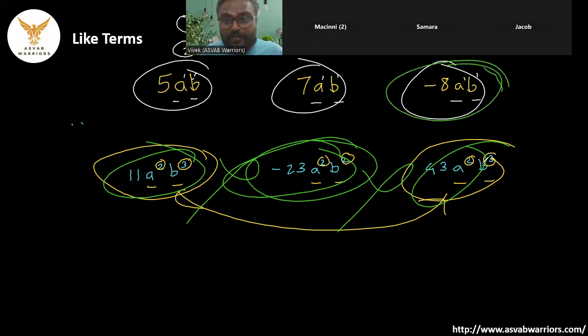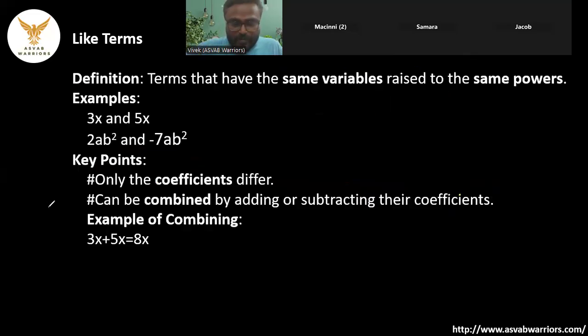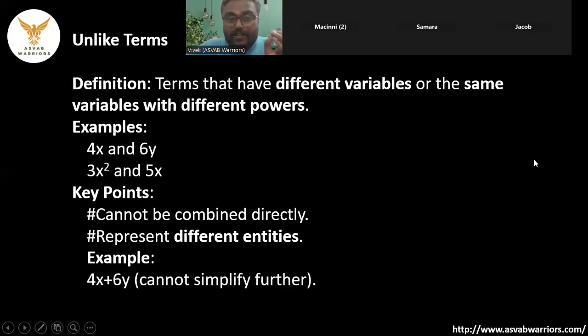Unlike terms, basically. So, whenever you get an expression for addition and subtraction, remember that you can only add or subtract like terms. You cannot do addition and subtraction with unlike terms.